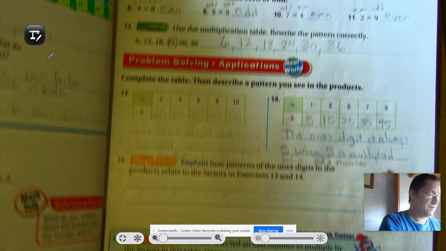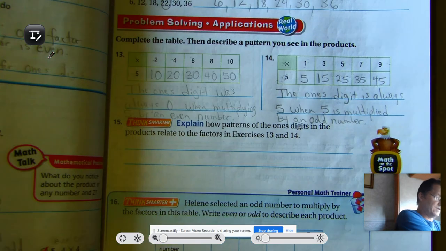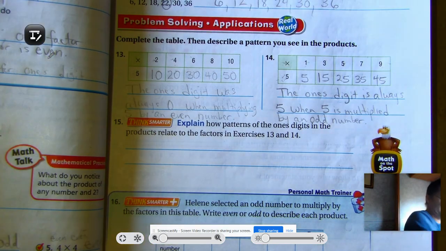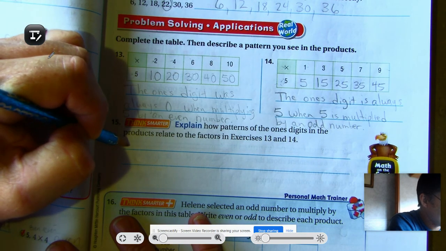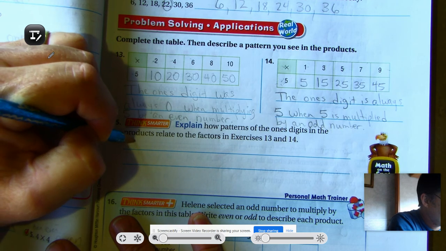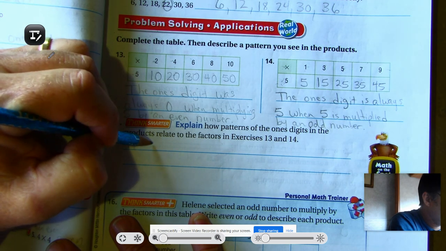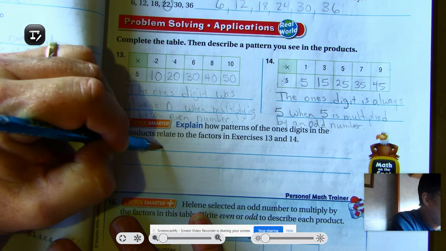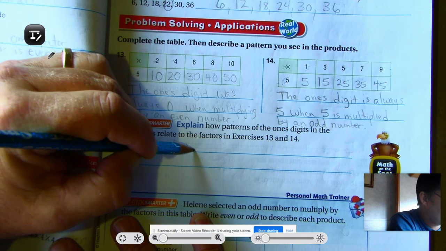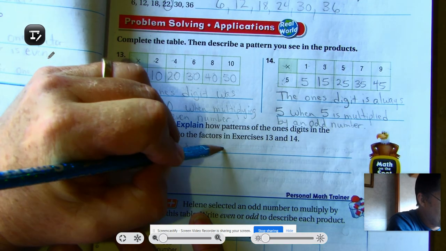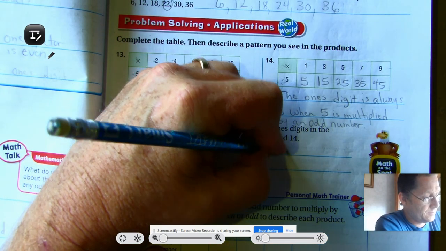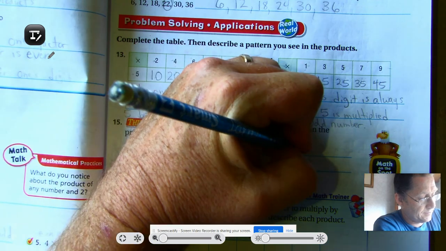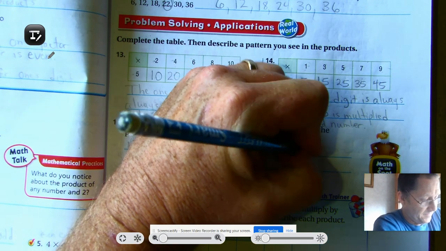Explain how patterns of the ones digits in the products relates to the factors in 13 and 14. If the factor is odd, the product ended in 5.